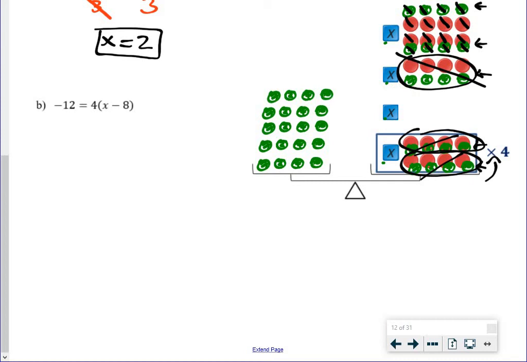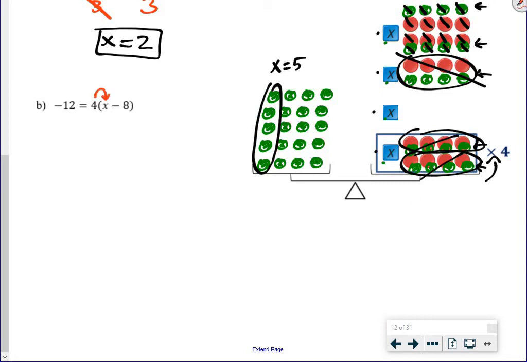So I now have 20 green circles on the left, and I've got 4 x's remaining on the right. So each x should count for 5, hopefully. So let's see if we did that correct.